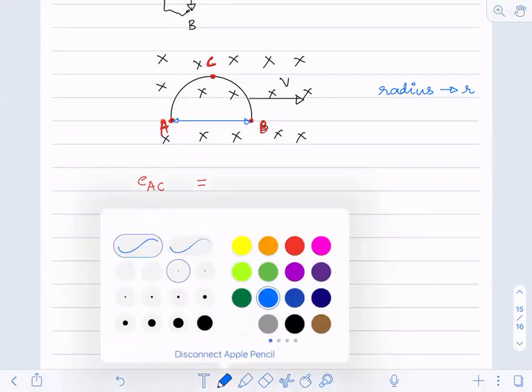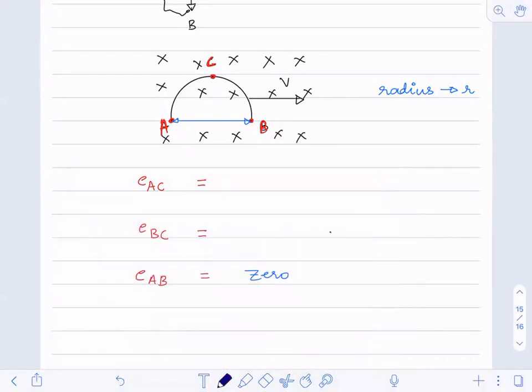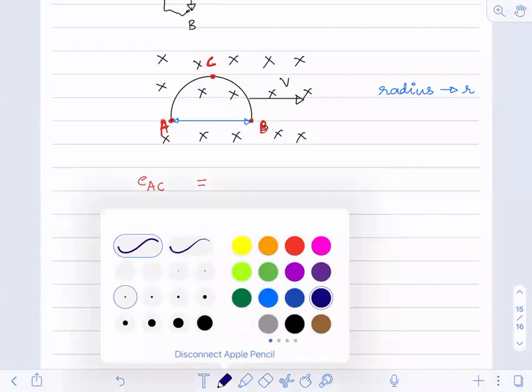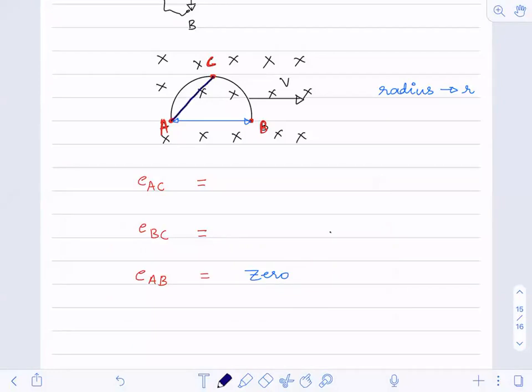Now the next is across AC. This is AC. This length you will have, and for BC, you will have this length. Now what you have to do?